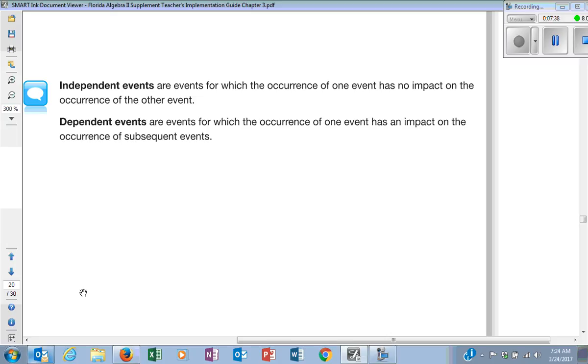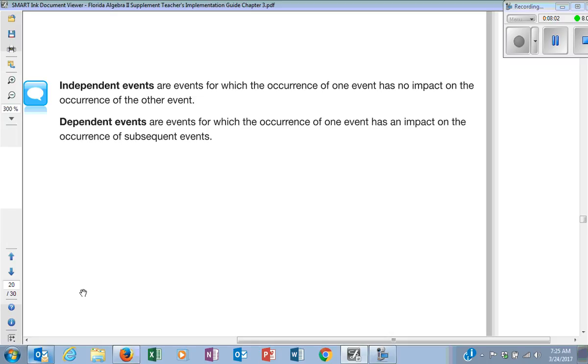Now, dependent events are events in which the occurrence of one event impacts the occurrence of another. Did the frozen yogurt have any dependent events? When a person gets vanilla, do they have to get sprinkles? No, there's no such thing. It doesn't matter, right? Now, let me ask you about the president.